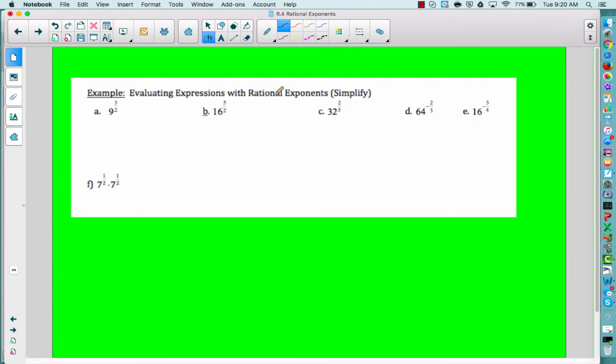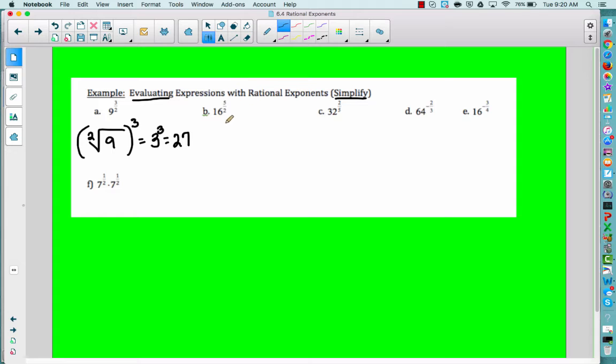So let's try some. Evaluating expressions with rational exponents. If I have 9 to the 3/2 power and I ask you to evaluate it or simplify it, that means find the number. So this becomes the square root of 9 to the 3 power. The square root of 9 is 3, so 3 cubed is going to give me 27. So that's how I'm going to evaluate expressions with rational exponents.